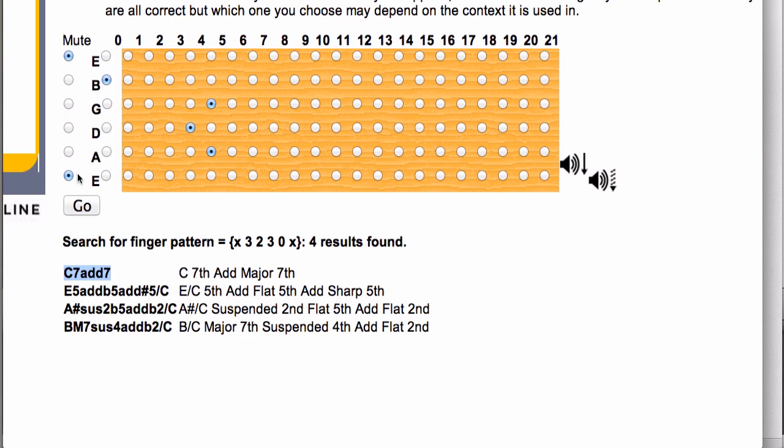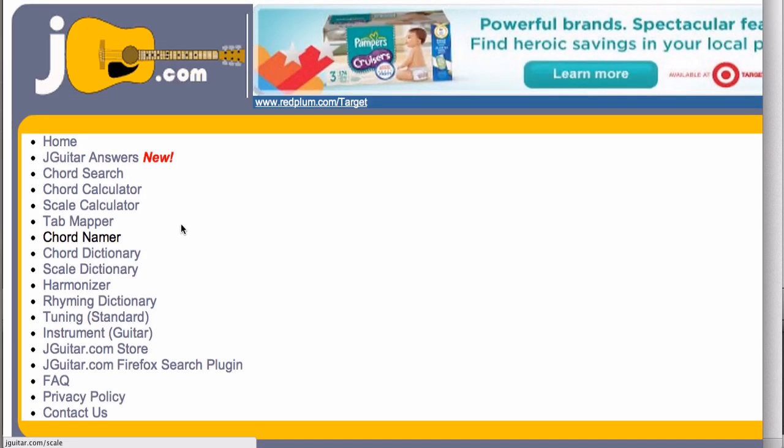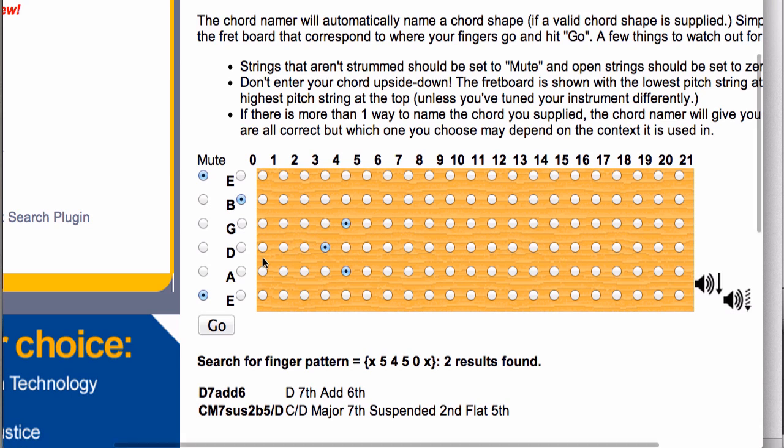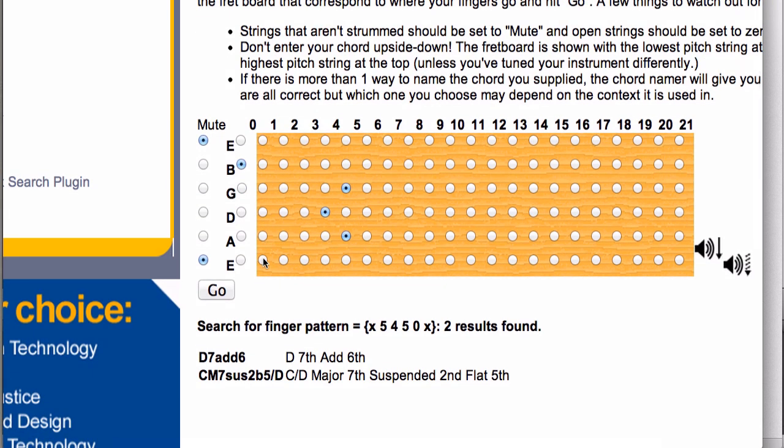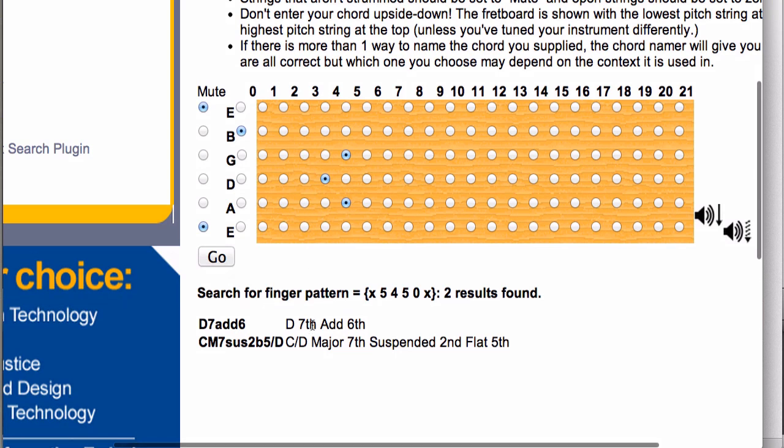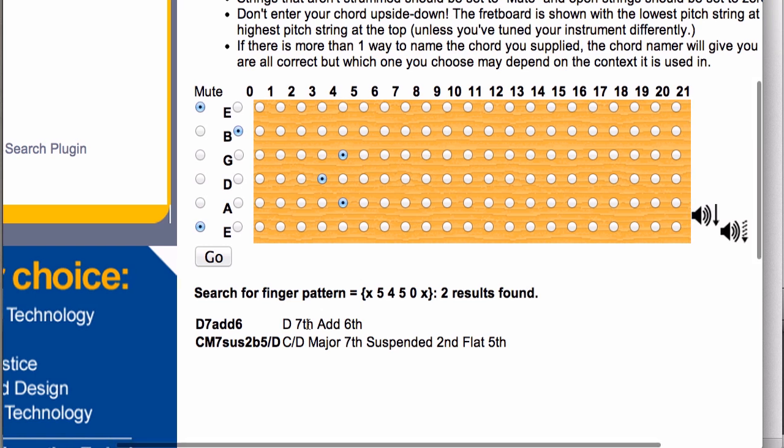So I made sure I muted those. Let's see. So I guess I was wrong. Unless, let me think about this. Add 6. D7, add 6. That's weird. I would think this would give us, what I'm going to do is add a 5 in here.